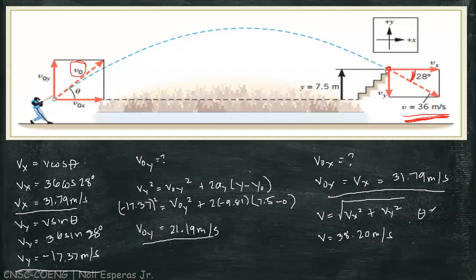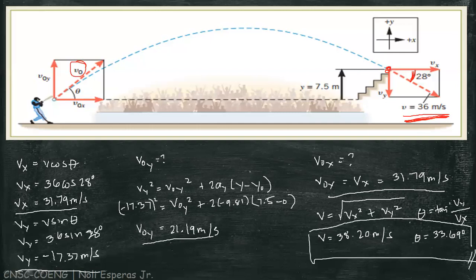And for theta, using arctangent of vy over vx, our theta is equal to 33.69 degrees. So this is our final answer.